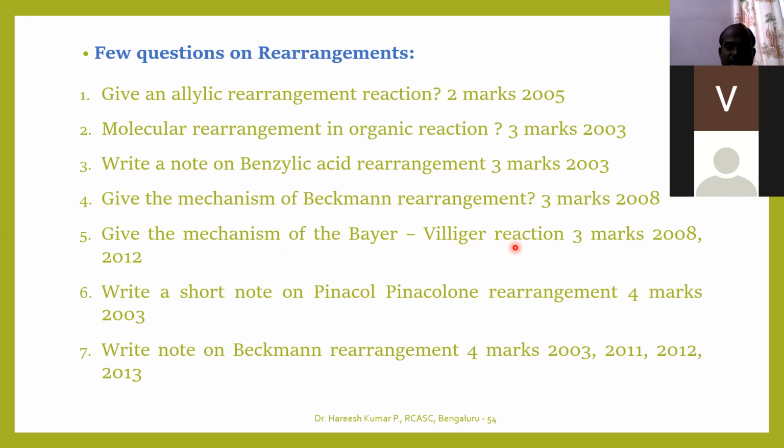One can frame the question as: how do you convert a ketone into an ester? In Baeyer-Villiger oxidation, a ketone is treated with a peracid. Peracid means one oxygen is added to the carboxylic acid; such compounds are called peracids. The peracid's role is addition of oxygen, which you know is an oxidation process.